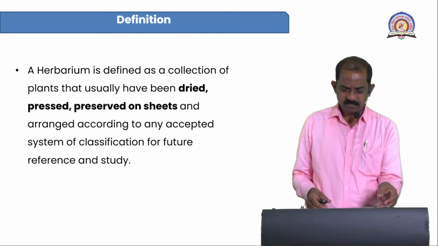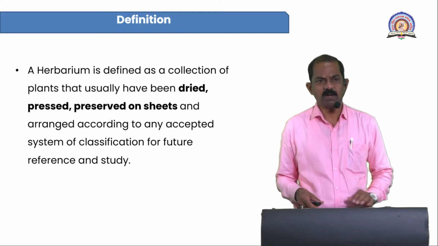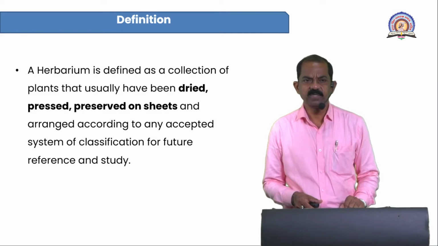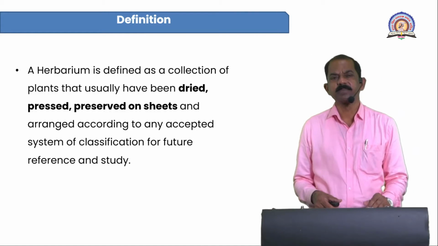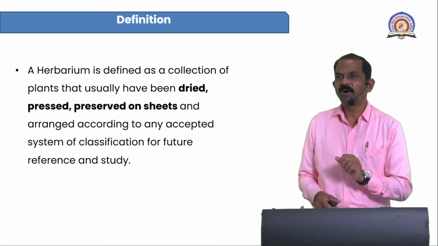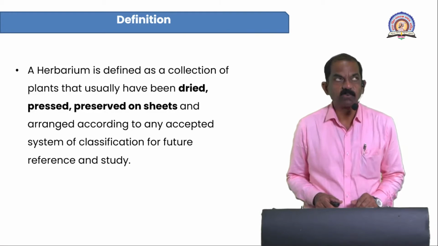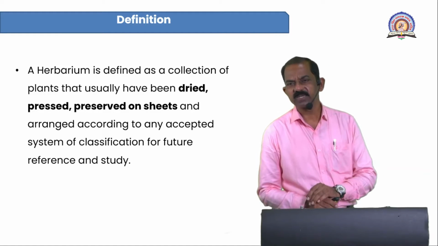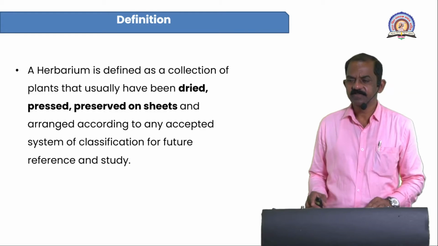A herbarium is defined as a collection of plants that usually have been dried, pressed, preserved on sheets, and arranged according to any accepted system of classification for future reference and study.